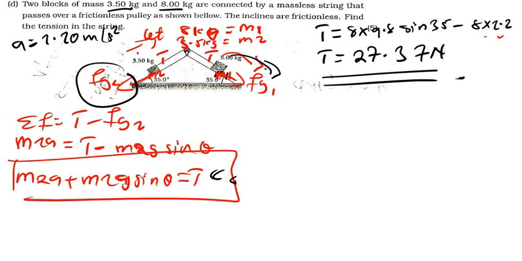So T is equal to, what is M1, or M2 sorry, that is 3.5 times 2.2, I put them in brackets, plus then again 3.5 times 9.8, then sine 35.